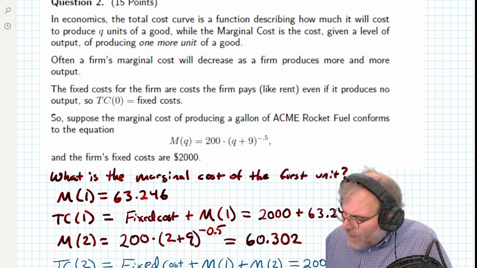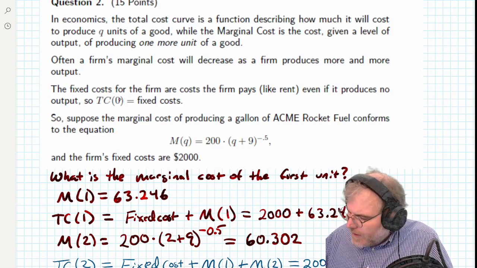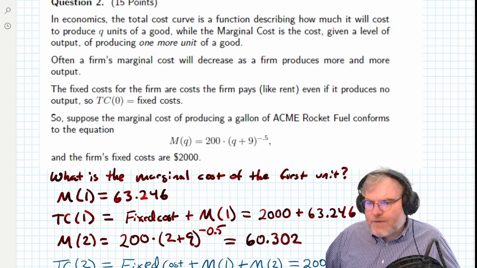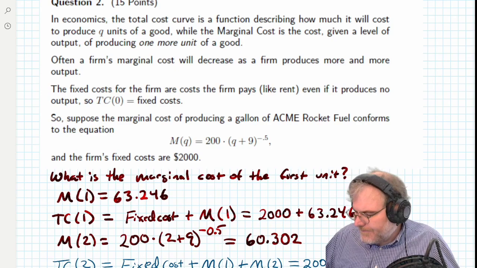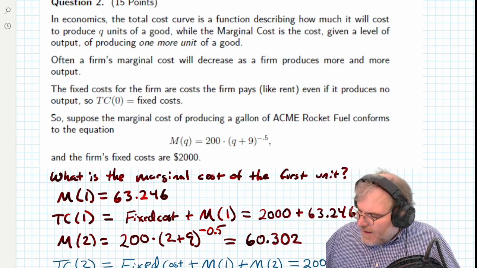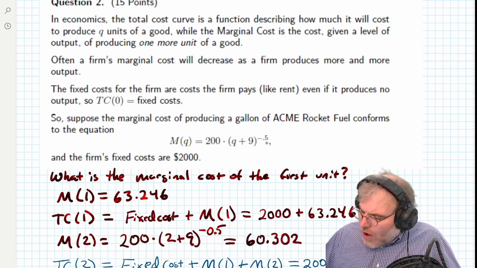So suppose I wanted to produce, right? I've got a firm that wants to estimate the total cost. Now it's got some fixed cost, right? It's got rent. It's got stuff it's got to pay even if it doesn't build anything. And then it's got a marginal cost curve that looks like this. Okay?